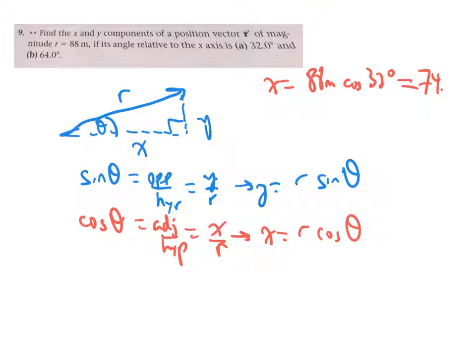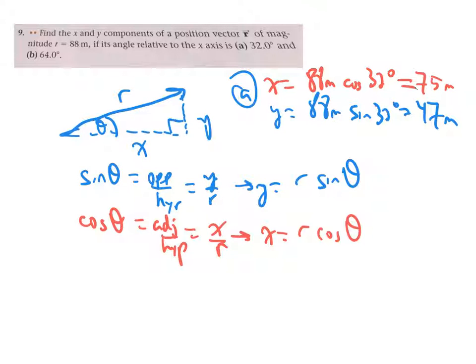So I guess we should pay attention to that. 75 meters, of course. And we get that y is 88 meters times the sine of 32 degrees, which turns out to be 47 meters.